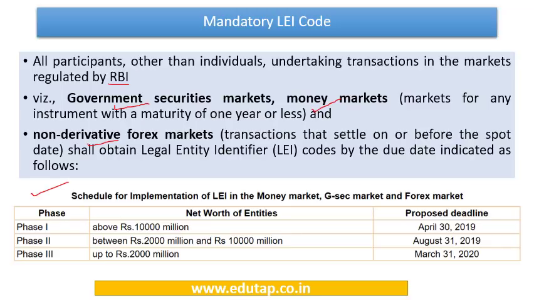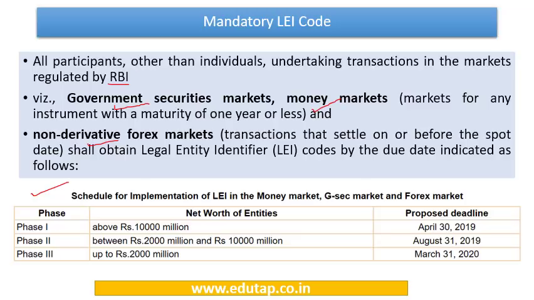So basically all the participants who are part of transactions in the markets regulated by RBI, then this LEI code has to be obtained, and for this code there is a schedule for implementation.